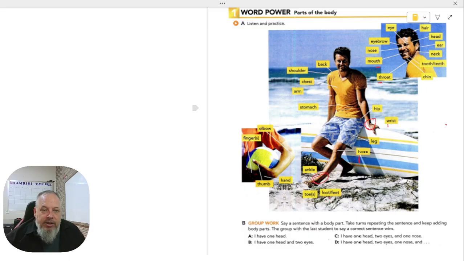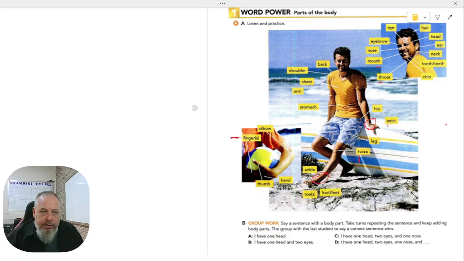And here, 1 foot, 2 feet, singular foot, 2 feet. Toes. So in English, on your feet, they're called toes. On your hand, they're called fingers. So it's different in English. On your foot, toes. On your hand, fingers.